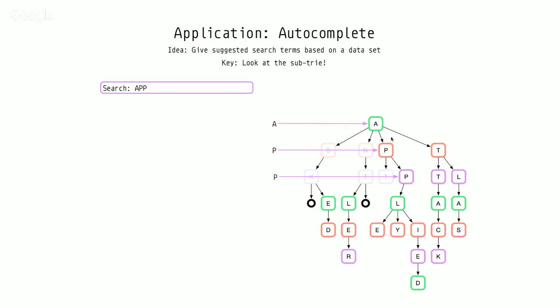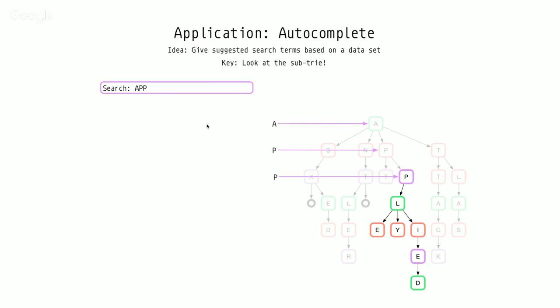So essentially what we're doing here is we're looking for words that start with APP and are stored in our trie. Everything underneath here starts with APP, and we have a whole bunch of paths down to leaf nodes in the trie.